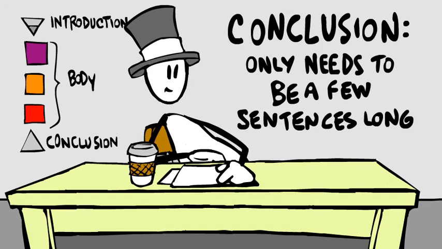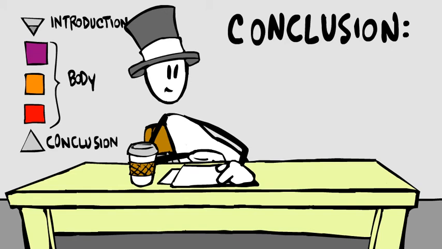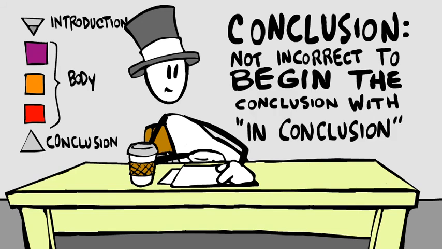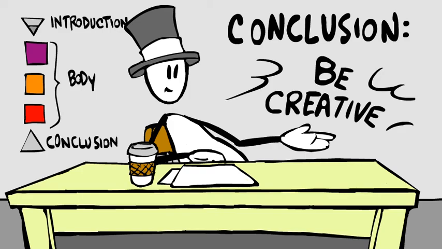The conclusion only needs to be a few sentences long and should not contain any new information. A conclusion can also point the reader toward a way to think about or respond to your topic. Though it is not incorrect to begin the conclusion paragraph with the words, "in conclusion," try to avoid that transition as it is overused. Be creative in summarizing the main points of your paper.